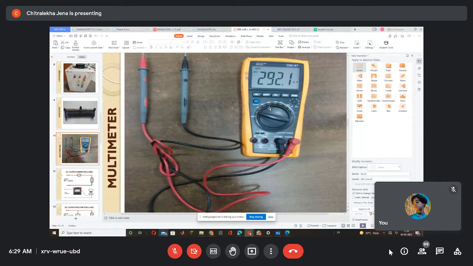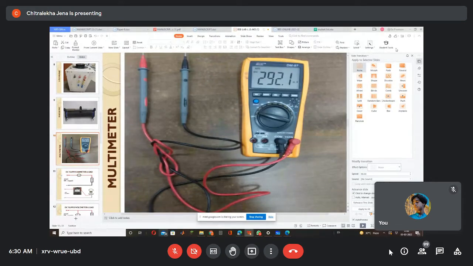It is behaving as high resistance, so it can measure the voltage. Understood? There are different positions. Got it? The ammeter has very low resistance, so when you set the multimeter in the current position, it has very low resistance. That's why it is measuring the current. Am I clear?